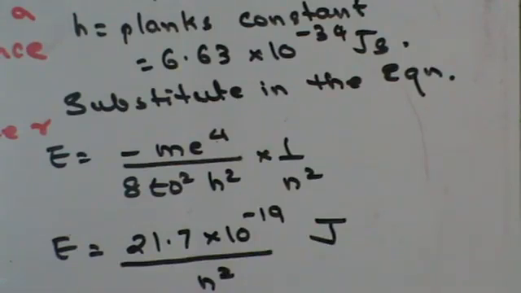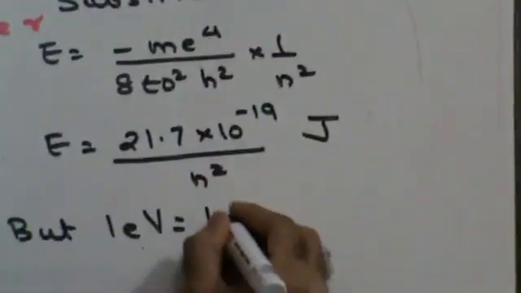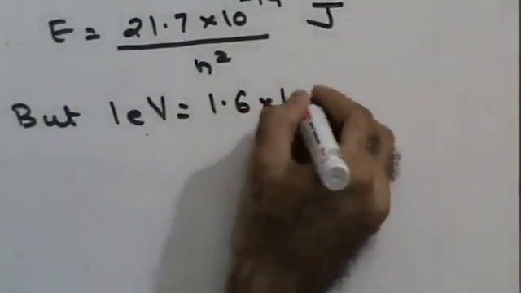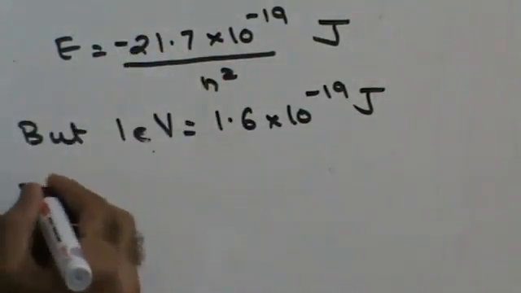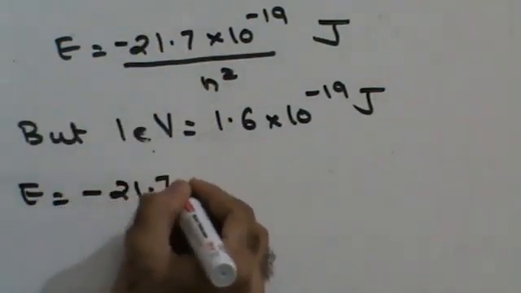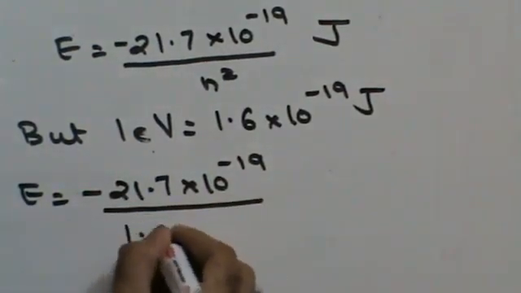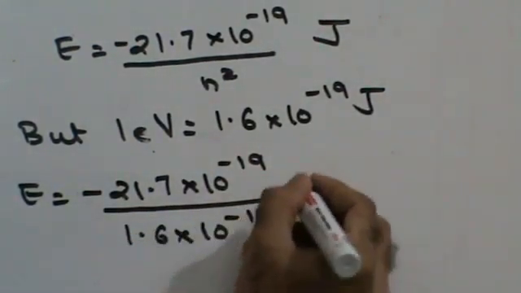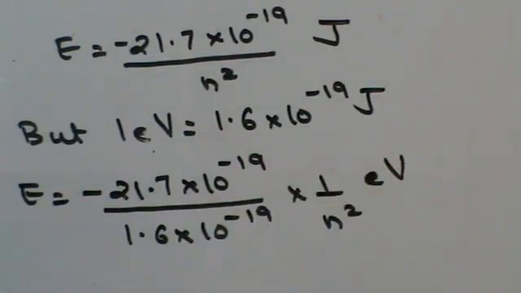But we know that 1 electron volt is nothing but 1.6 into 10 raised to minus 19 joules, right? Therefore, E is minus 21.7 into 10 raised to minus 19 upon 1.6 into 10 raised to minus 19, into 1 upon n square electron volts.